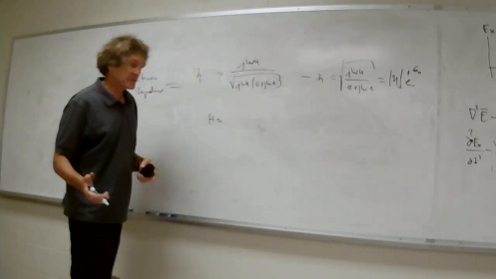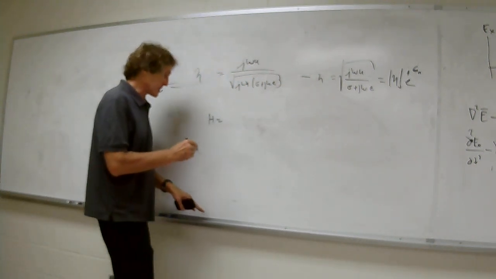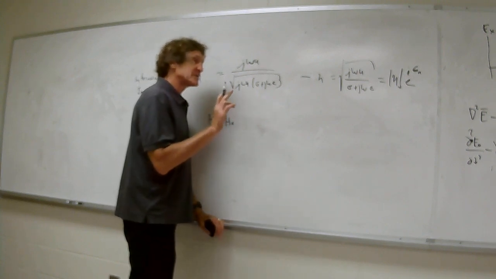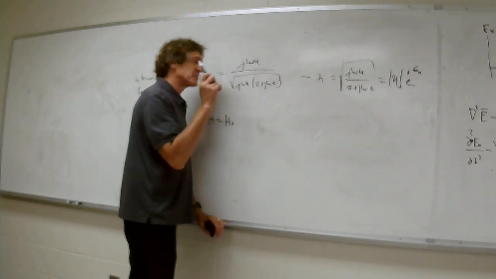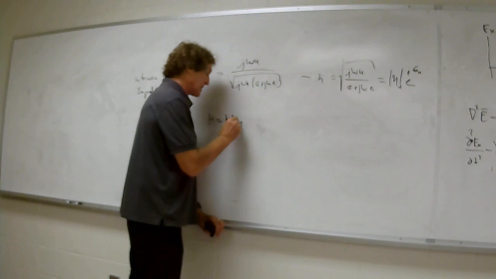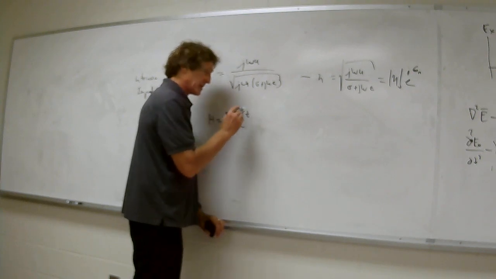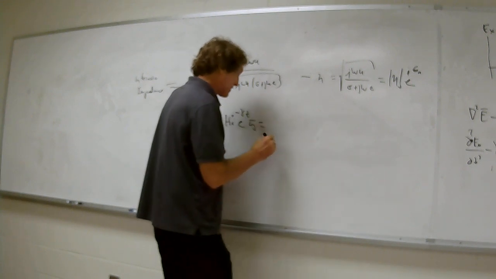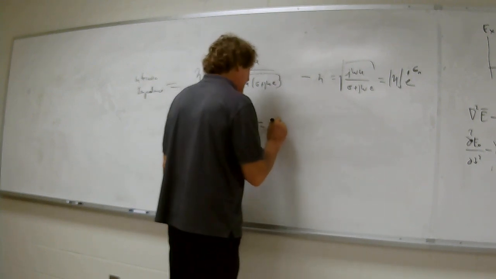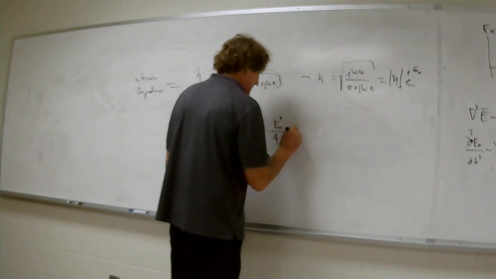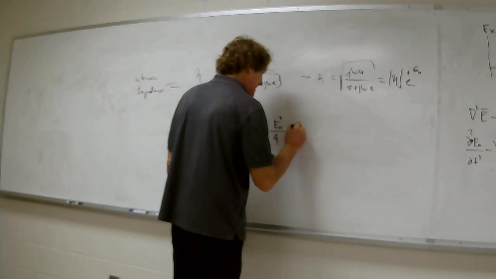Now, follow me on this part. H in general is some H naught for a wave where E is in the x direction, propagating in the z direction. It's some H naught plus, e to the minus gamma z in the ay direction. But it can be rendered as E naught plus over eta, e to the minus gamma z ay.